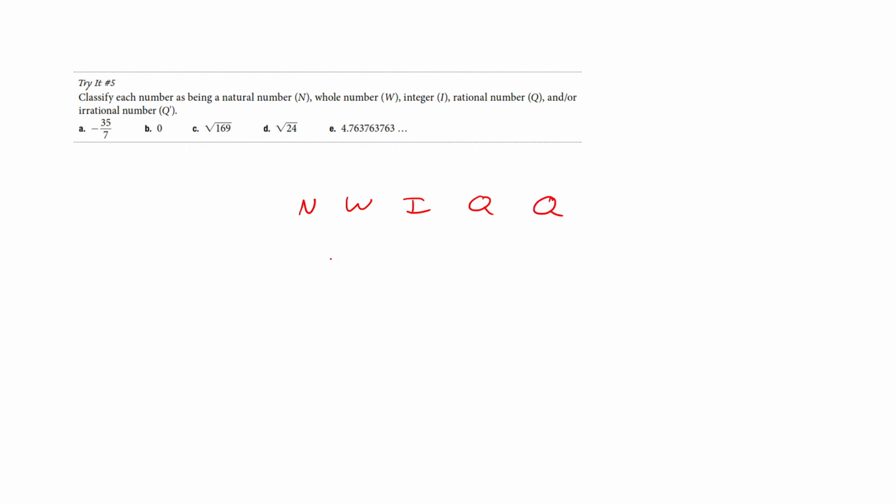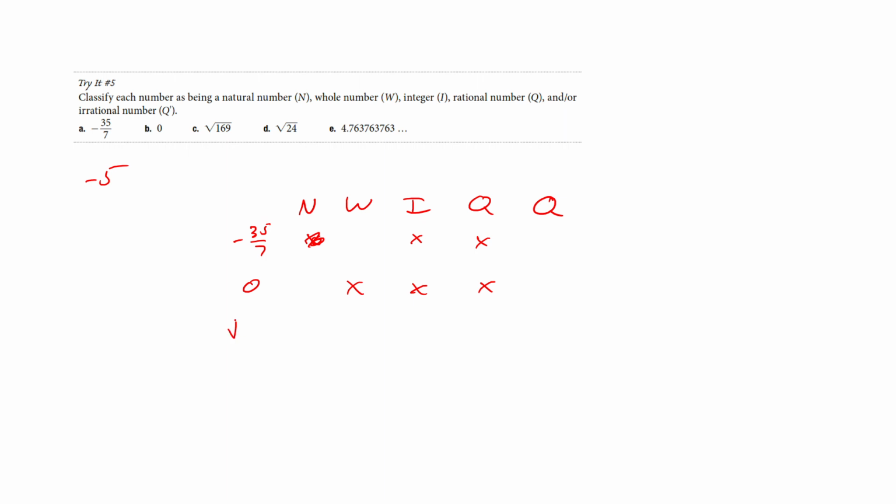Okay, so we're going to do the same here for these. Okay, so -35 divided by 7 is just -5. So if I were to make a table like this, whoops, no, it won't be, since it's a negative. It will be integers and rational numbers. 0. So 0 is not a natural, but it's a whole, an integer, and a rational.